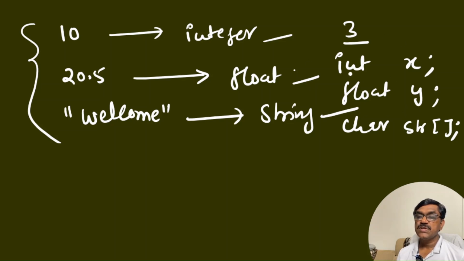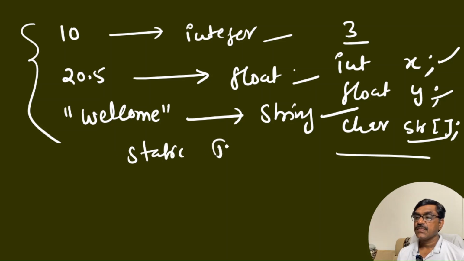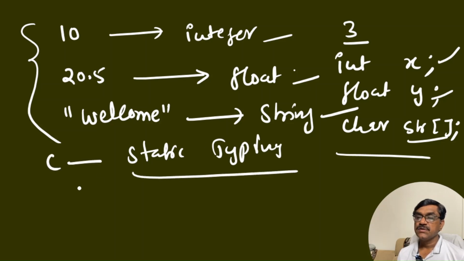How many variables do we require to store the different data items? Three variables. One is x, one is y, another one is a character array. Before using the values or the data items, in advance you have to declare the variables x, y, and the string. This is known as static typing. C uses the concept of static typing.